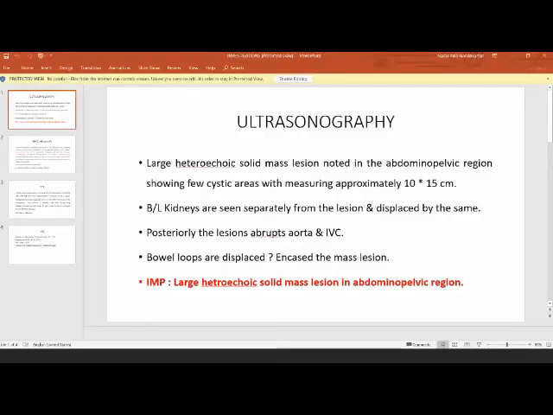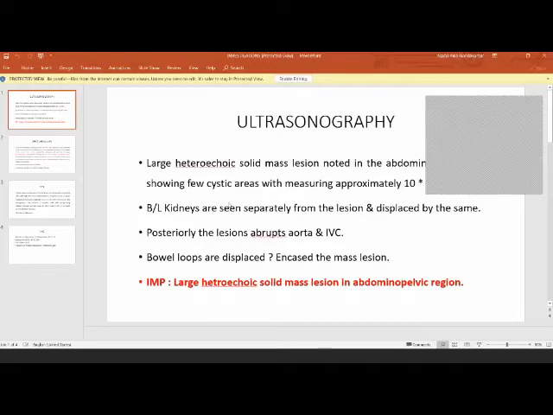Anyway, from whatever I read briefly before it went off air, it showed a large hyperechoic mass, and both the kidneys are separate but are displaced by the mass. Narasimha, anything? Sir, shall I read, sir? Yeah, please, Ravneet. Sir, the ultrasound shows a large heteroechoic solid mass lesion noted in the abdominopelvic region, showing a few cystic areas, measuring approximately 10 cross 15 centimeter.